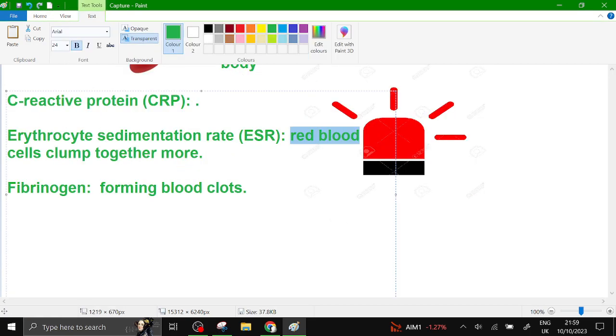So here are some examples of the acute phase reactants that are produced by the liver. For example, C-reactive protein and ESR, which will make the red blood cells clump together, and the third one is fibrinogen, which will form blood clots.